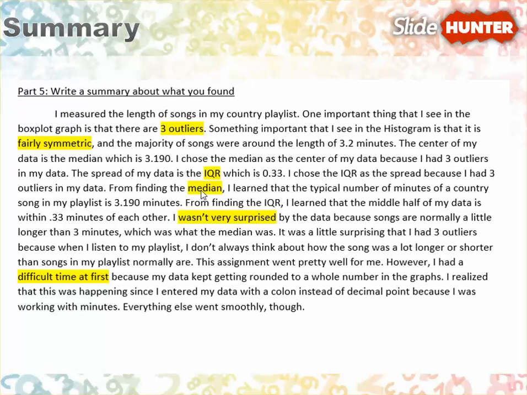So she told me the median and the IQR, and then did a little reflection. She wasn't very surprised by the data because songs are usually about 3 minutes. She thought it was difficult at first because she had some issues in the graph and she figured out why it was happening. Okay, so the summary is telling me those different data points and what they mean, and a little bit about your process.